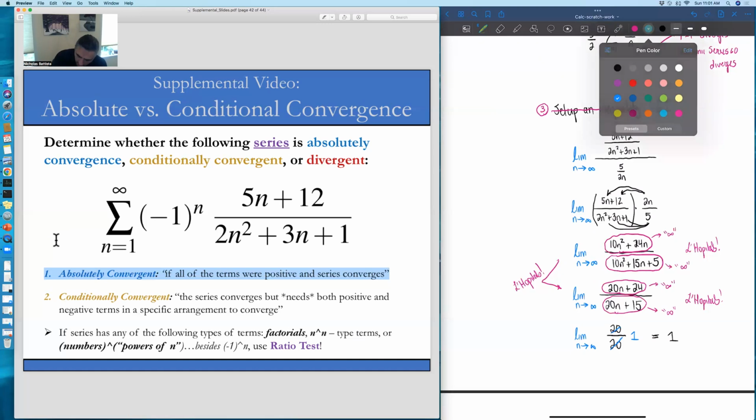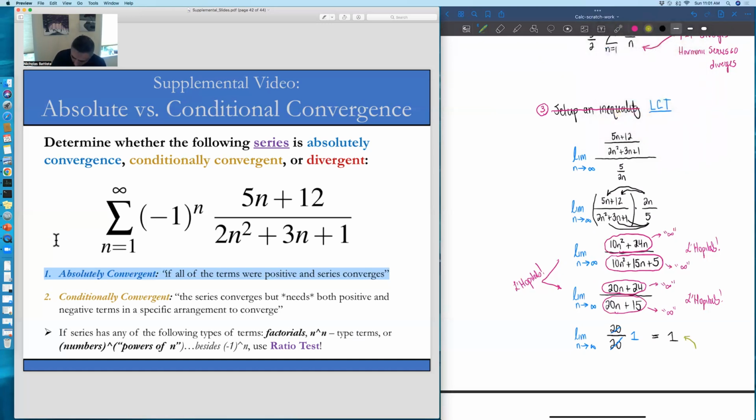And now for limit comparison test, what I want to talk about is that this is a finite and non-zero number. So what this means is the limit comparison test says both series do the same thing. Both series either converge or both series diverge.